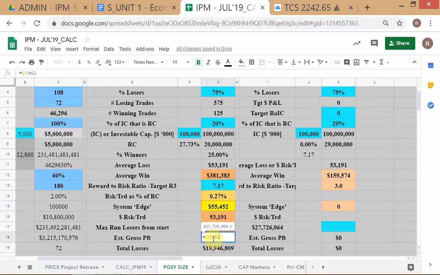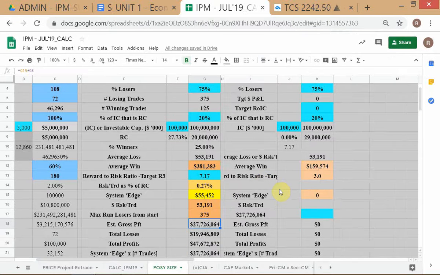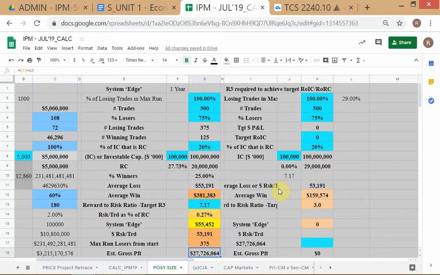Are you following? Clear? G3 you can't see here. G3 is equal to the total number of trades. Now you can see. G3 is equal to total number of trades, and G3 into system edge is equal to your estimated gross profit. Is this clear? Yes?